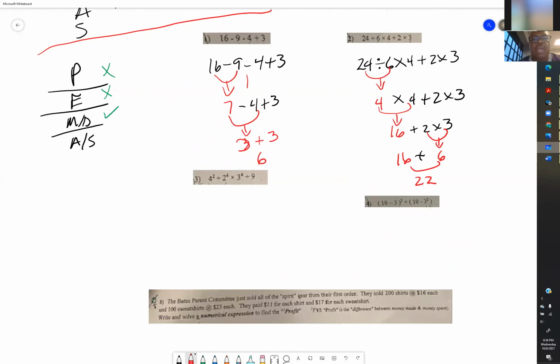This one has exponents in it. So I like this. Wait a minute. Let me do this. This may take a second, sorry. I'm trying to resize it, but it's not working. Okay, hold on.